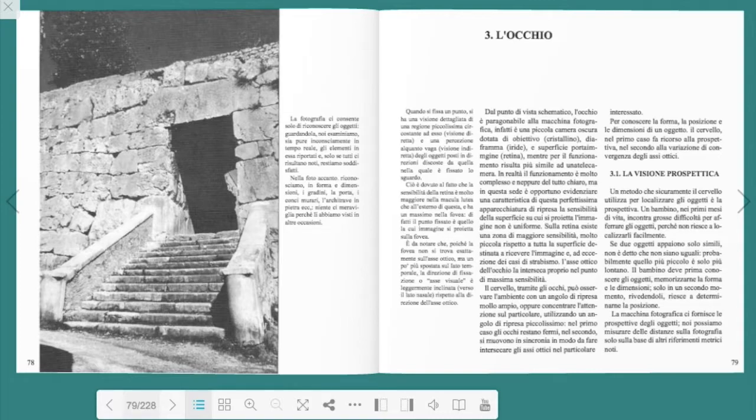3. The eye. From a schematic point of view, the eye is comparable to the camera. In fact, it is a small dark room equipped with a lens, the crystalline lens, a diaphragm, the iris, and an image-holding surface, the retina. While in operation it is also similar to a camera. In reality, the operation is very complex and not completely clear, but here it is appropriate to highlight a characteristic of this perfect shooting device.